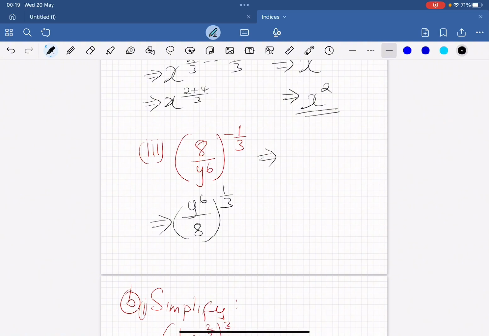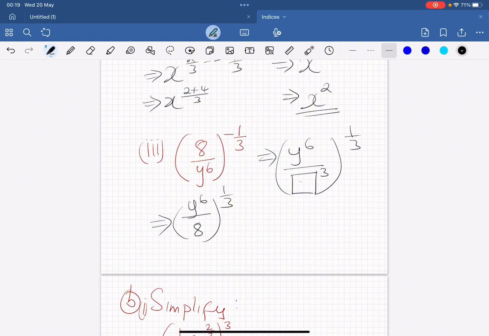Then next, I'm going to basically split. But before I do so, I have to observe the 8. I have to find a way of representing the 8 as something to the power 3, because the power outside is a 3.